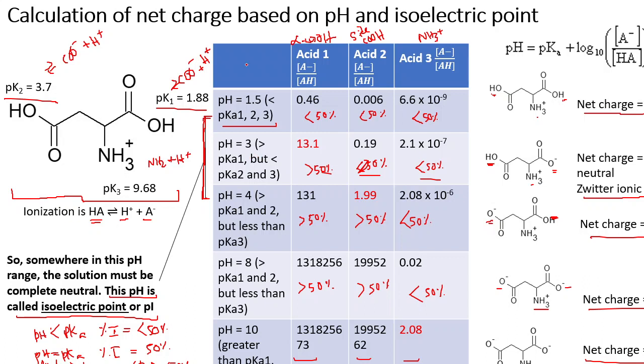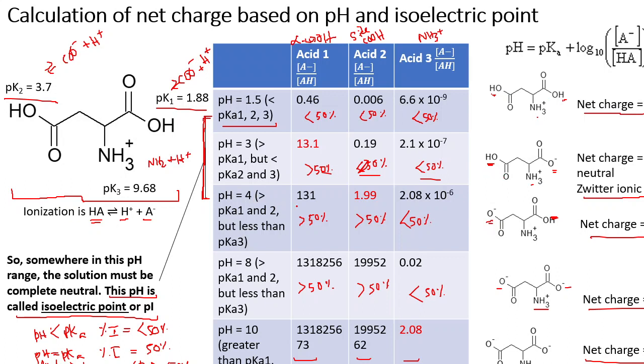Meaning that this COOH group releases its proton and becomes minus charged, but the others are still as they are. So this is COOH and this is NH3 plus. The net charge of this molecule is neutral, whereas at pH 1.5 the net charge is plus 1. You can see how that is: only the amino group has the net charge.